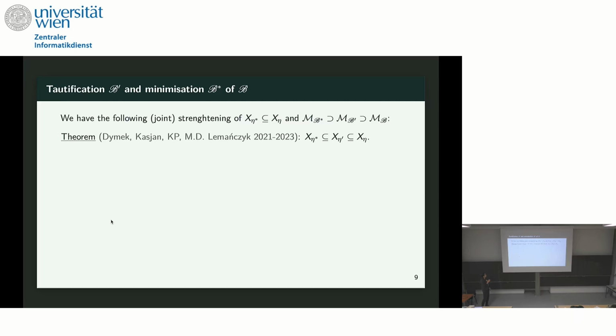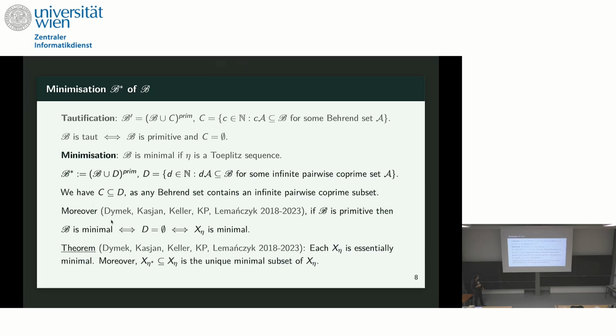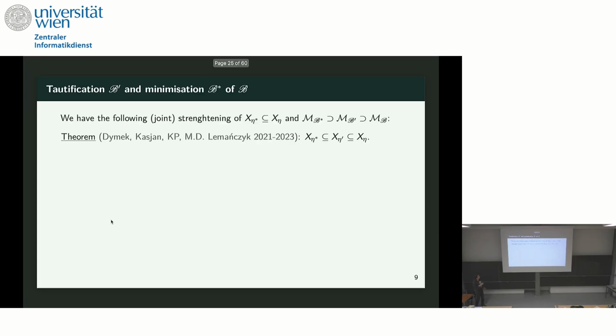Okay, so actually there is more than that. We have the following joint strengthening of this inclusion. This is about this unique minimal subset. And we have this inclusion of sets of multiples for B, B prime, and B star. I mean, this has to be proved and was non-trivial. You saw that there was a bunch of people and an interval of years in there.